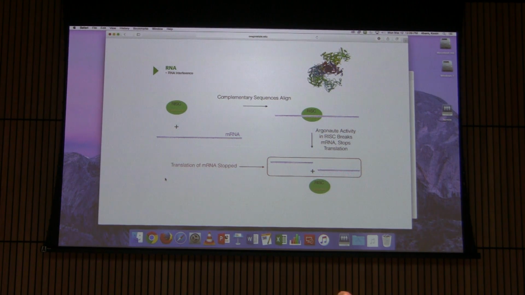If that's a critical viral protein, you've just killed the virus. If that's a messenger RNA that the cell has too much of, it's just reduced the quantity of the messenger RNA. So this mechanism turns out to be very powerful, both for destroying viral RNAs as well as regulating the amount of cellular messenger RNA.